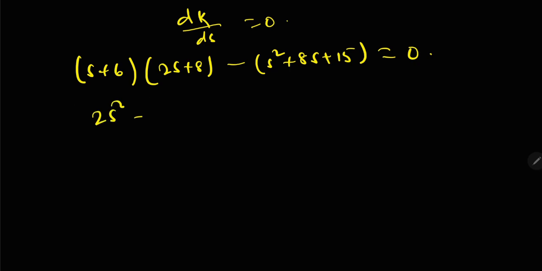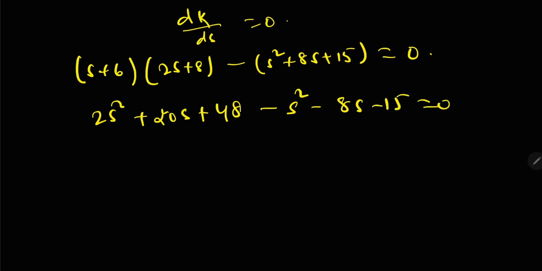Now 2s square plus 12s and 8s, 20s plus 8 times 6 are 48, minus s square minus 8s minus 15 is equal to 0. So s square plus 20s minus 8s plus 12s plus 48 minus 15, that is 33.